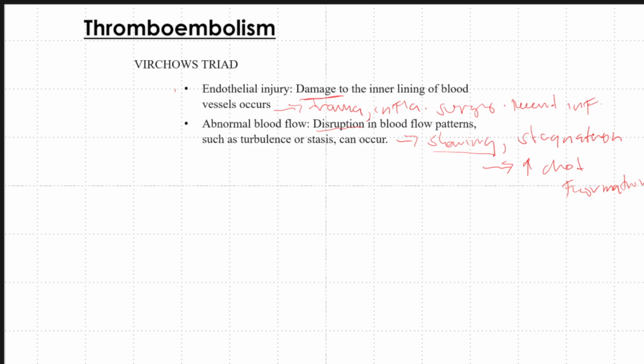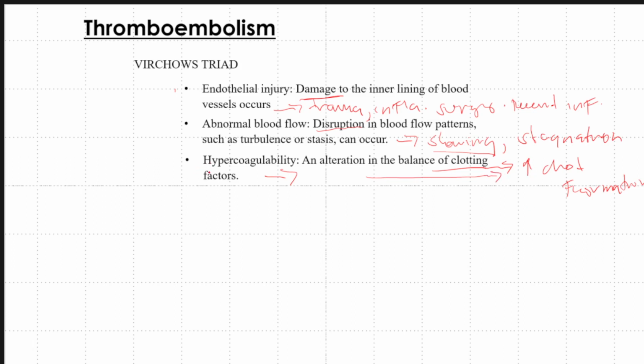Next would be what you call your hypercoagulability. Okay? Hypercoagulability is the alteration in the balance of clotting factors. So, anong nangyayari kapag may hypercoagulability ka? When there is an alteration of clotting factors in the body, there is an increased tendency, again, for blood clotting. So, ito pa rin, increase in clot formation.